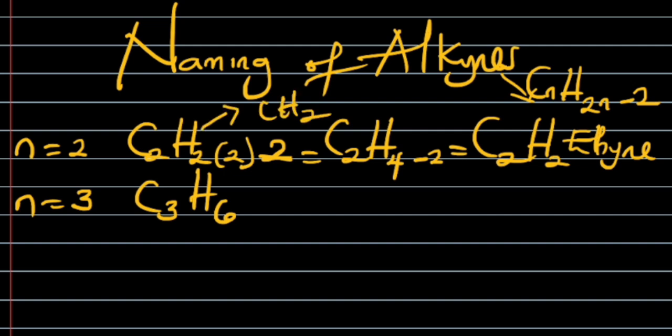So C2 plus C1 gives C3, and H2 plus H2 gives 4. So we have C3H4, propyne. If you add CH2 to this, we get n equal to 4, which is C4H6. This is called butyne.